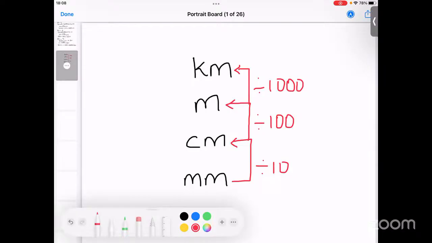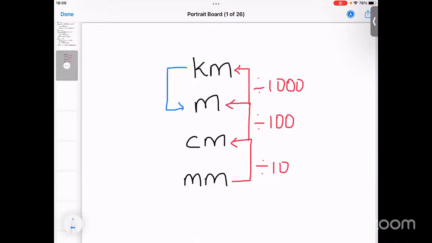So now let us make a conclusion on this one to say, now to go back to where we are coming from, meaning in reverse, very easy, you won't believe it. What you do from kilometers to meters, this time around you just multiply. You do the opposite of what you did. You just multiply by that same value.